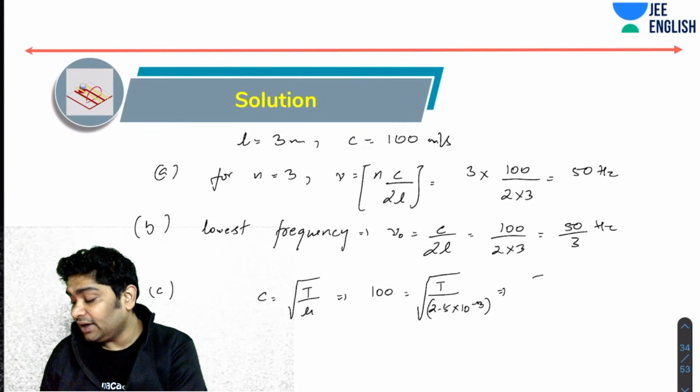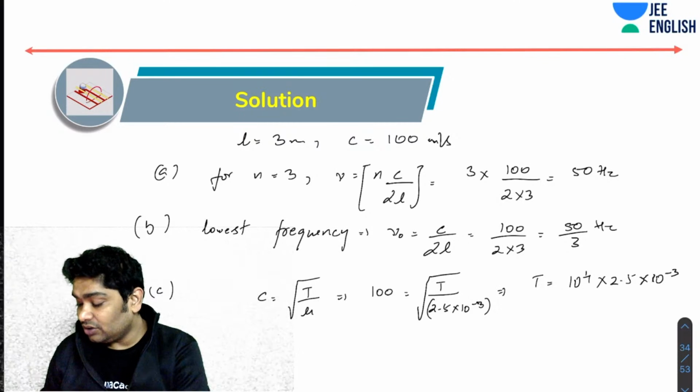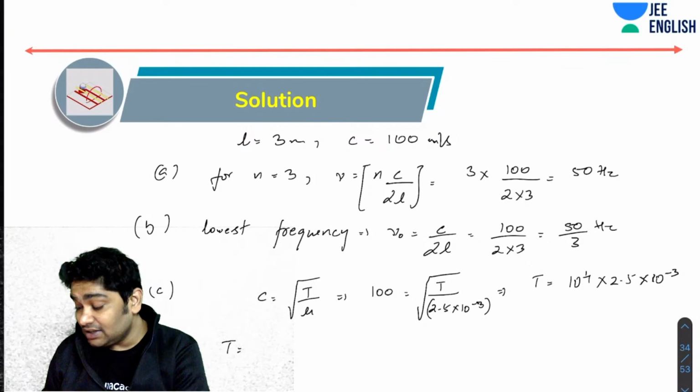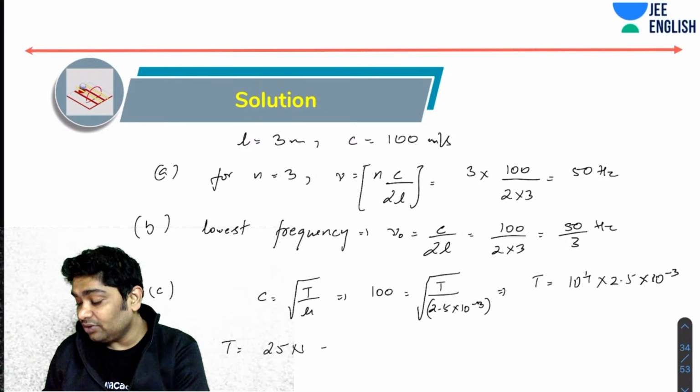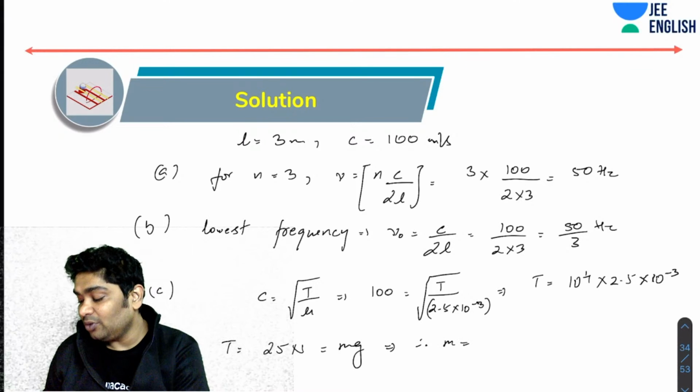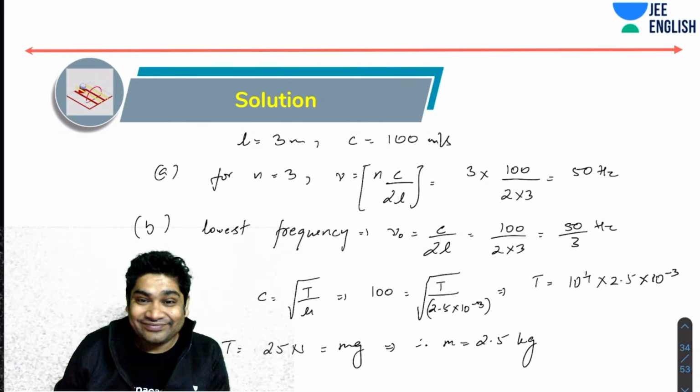So from here I get T equals 10 to the power 4 into 2.5 into 10 to the power minus 3. So the tension in the string is 25 Newton, which should be equal to mg. Therefore, the mass of the block would be 2.5 kg, assuming g to be 10.